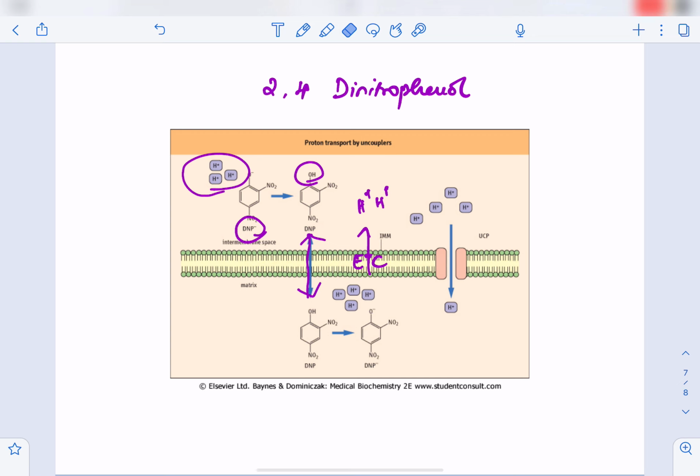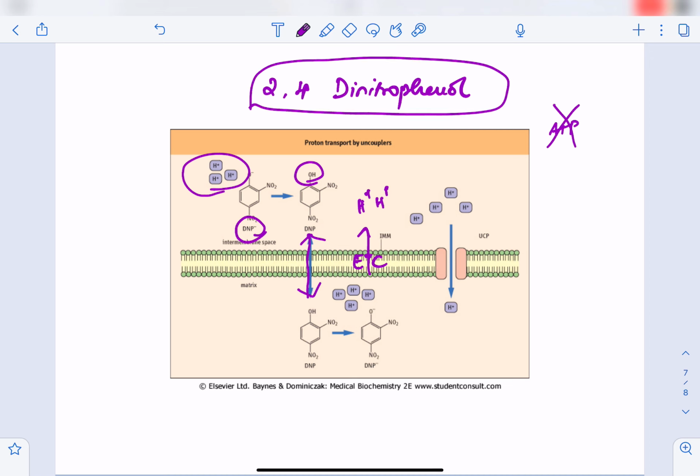So this process also dissipates the proton gradient, but the gradient is not dissipated through the ATP synthase complex. That is why ATP synthesis is not occurring. So 2,4-dinitrophenol uncouples oxidation from phosphorylation, or ATP synthesis.